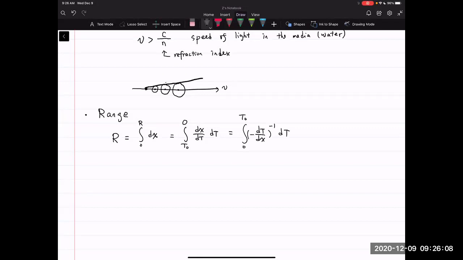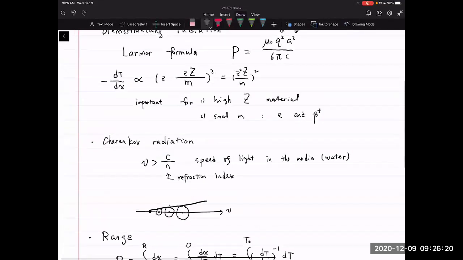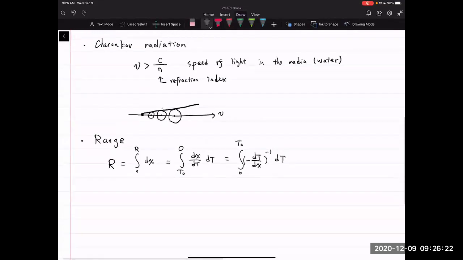Okay, so now we can plug in the stopping power and compute the range of a moving charged particle with the incident kinetic energy T naught. Here, T naught is the incident kinetic energy of the charged particle. Okay.